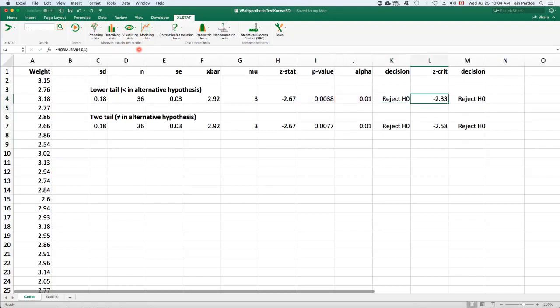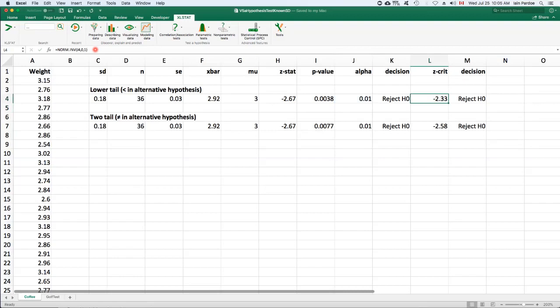Another way of doing this is to use a critical value, and for this we find the value of a standard normal random variable that would give us a left-hand tail area, a lower tail area of 0.01, and that number is minus 2.33.